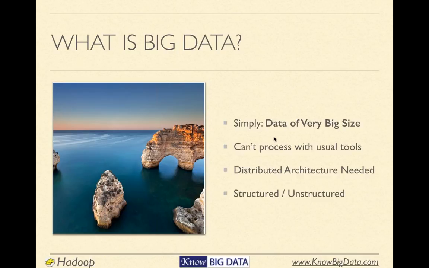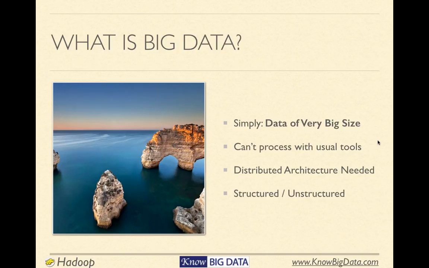All right, so let me summarize it for you. In very simple words, big data is nothing but data of very big size. How big a size? That you cannot process with your usual tools. And to process such kind of data, you require tools which are based on distributed architecture.